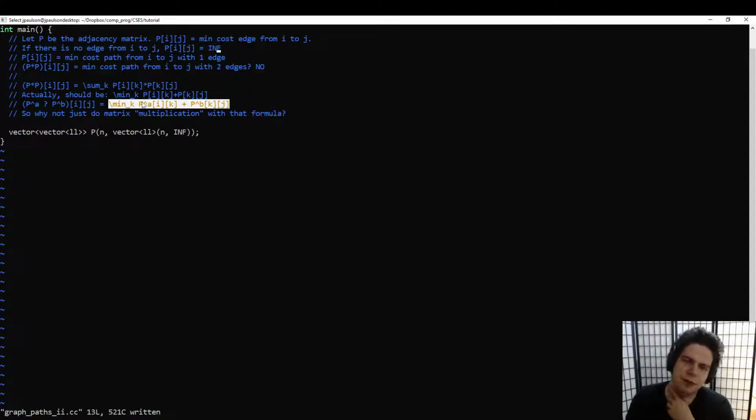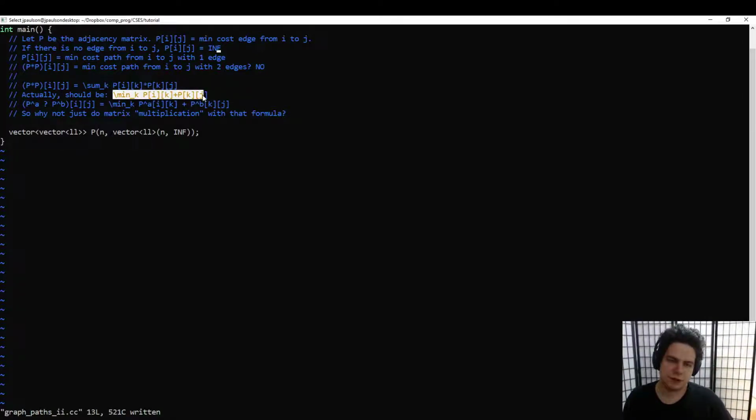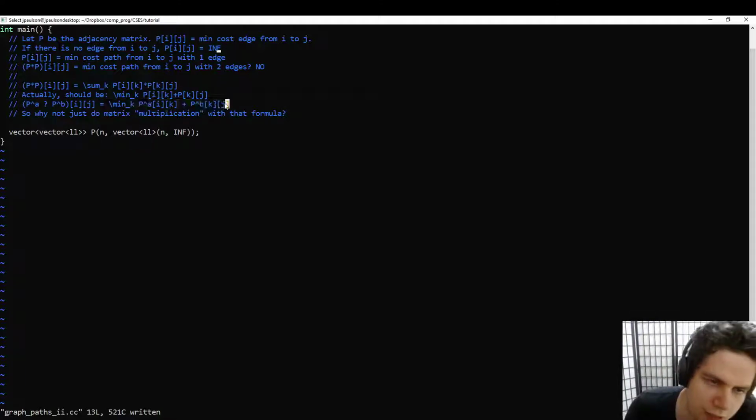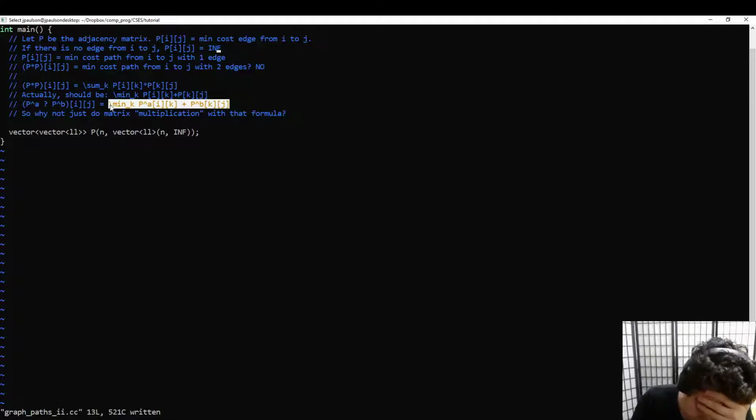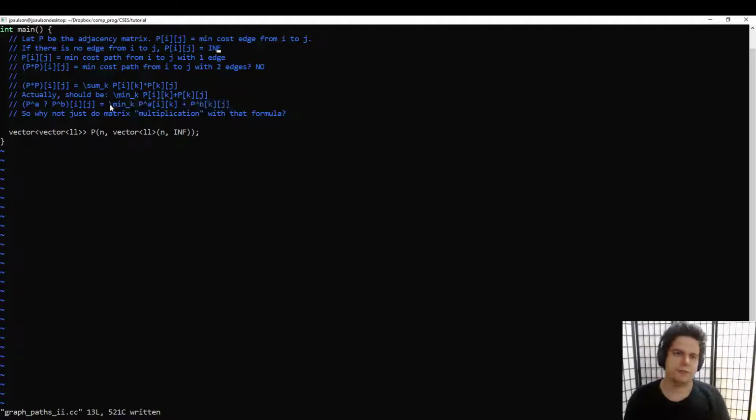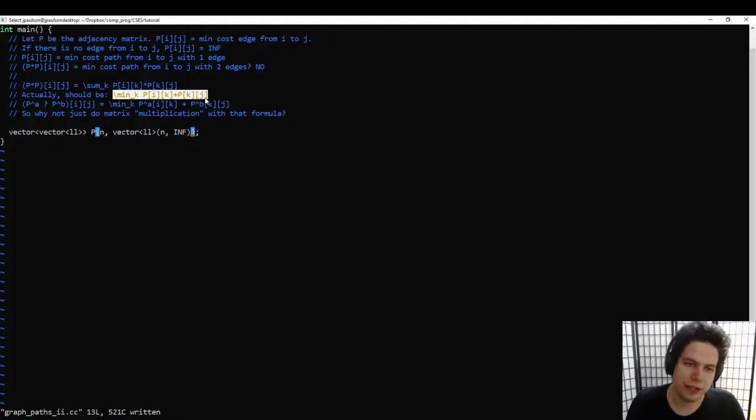If you put in 0, then it would come out to be 0 even if there was no path. If we make it infinity, it comes out to infinity if there's no path, because we want no path to be worse than a path. But if we set no path to 0, then no path is going to be better than a path.